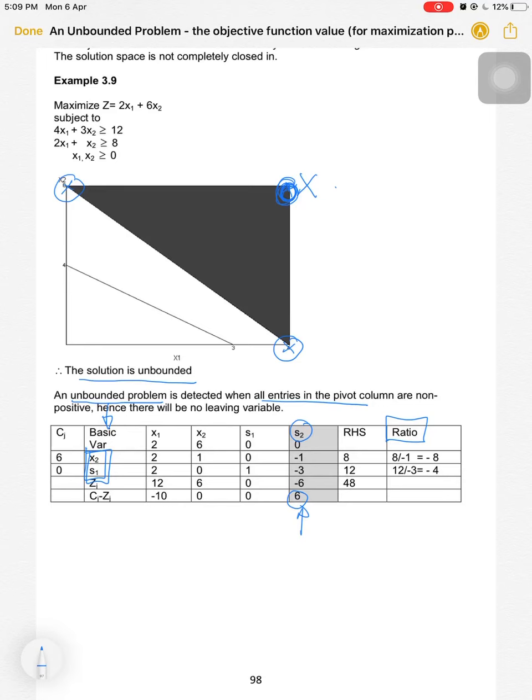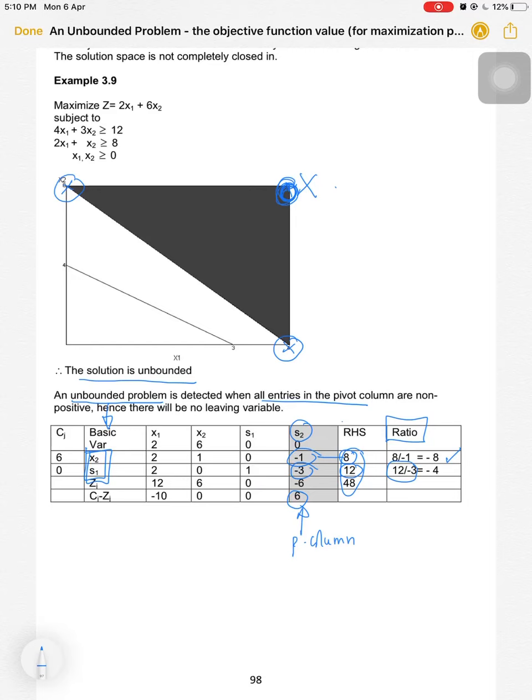The calculation of ratio here is the right hand side value divided by the number in pivot column. We call this column the pivot column. So 8 divided by -1, the answer is -8. 12 divided by -3, the answer is -4.